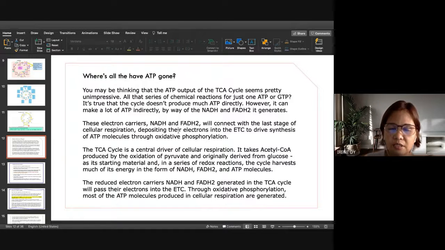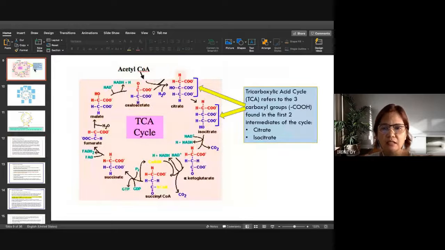Yun ang gagamitin para ipasa ang mga electron. Kaya, pag nakikita niyo yung cycle class, hindi lang kasi pinapakita na may mga nawawalang electron dito galing sa proseso ng reduction na to, para pakinabangan ng susunod na cycle. At andun sa dulo yung pagpuproduce ng maraming adenosine triphosphate.